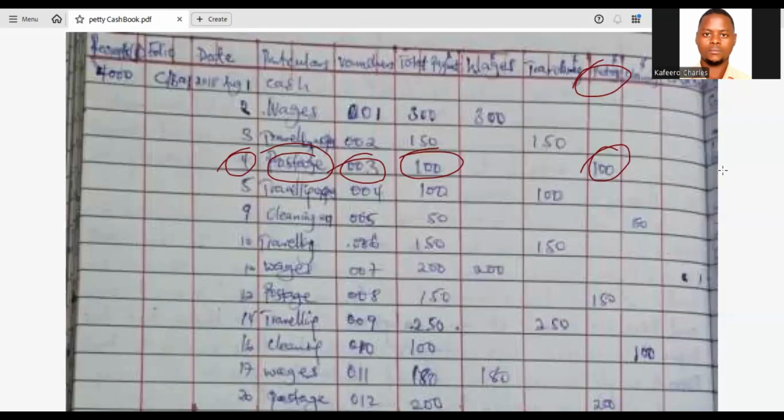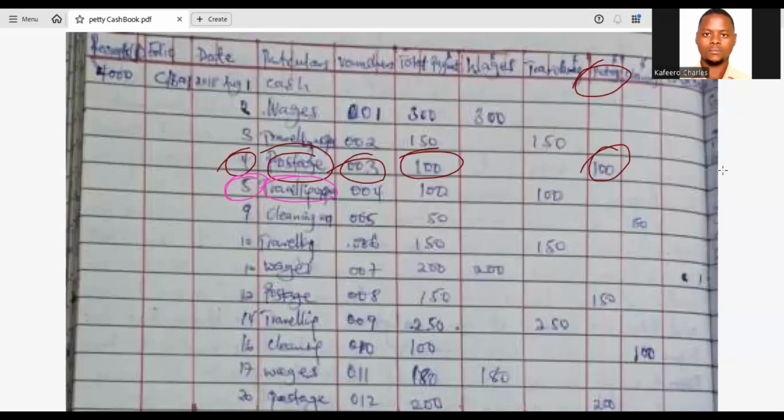Since we already have traveling expenses, we record on the 5th that we incurred the traveling expense, and we create a different payment voucher, because once the date has passed, those transactions are done. The moment you have anything new to pay, even if it is the same payment, say you are paying wages, casual workers come to work today and the same casual workers come to work tomorrow, it is the same thing.